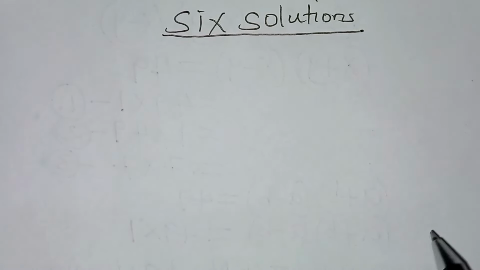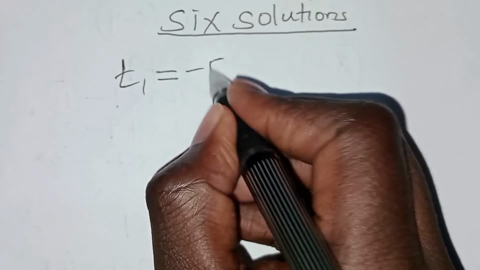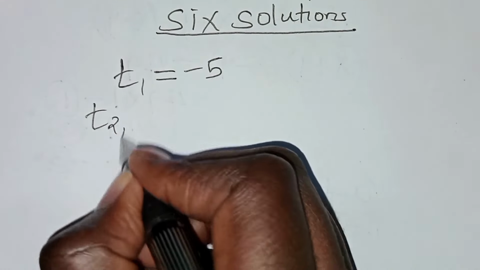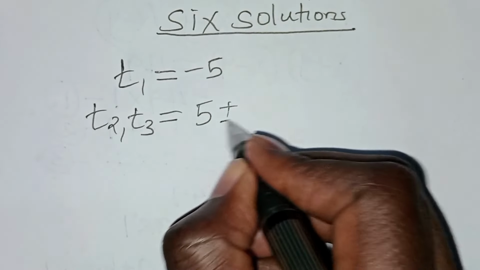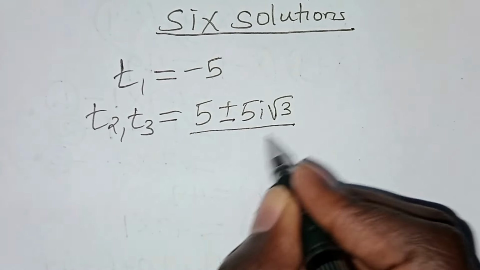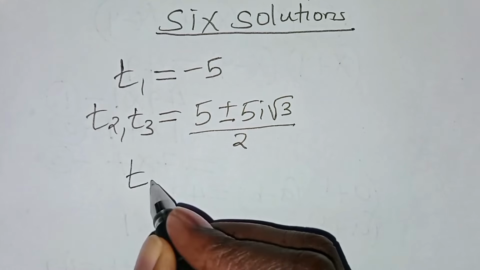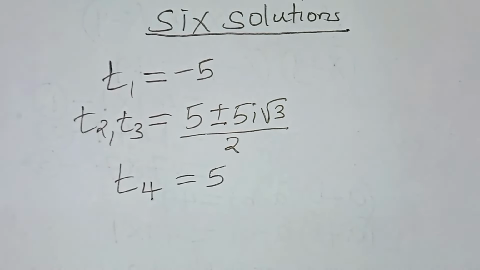Now here we have 6 solutions. We have t1 equal to minus 5. We have t2, t3, equal to 5 plus or minus 5i square root of 3 divided by 2. We have t4, and this is equal to 5.